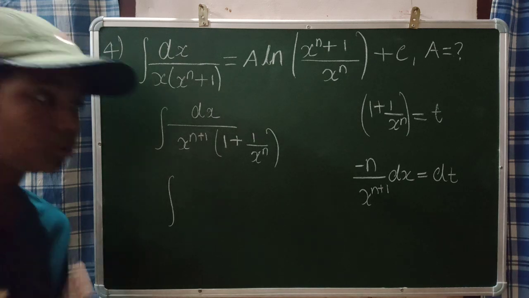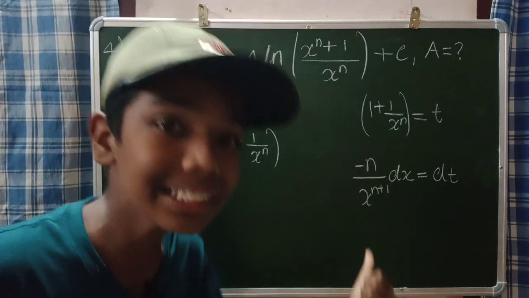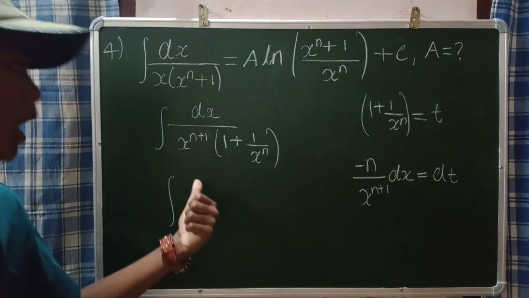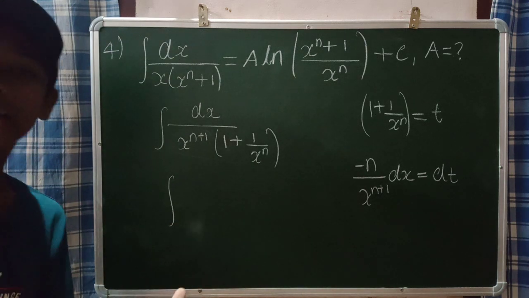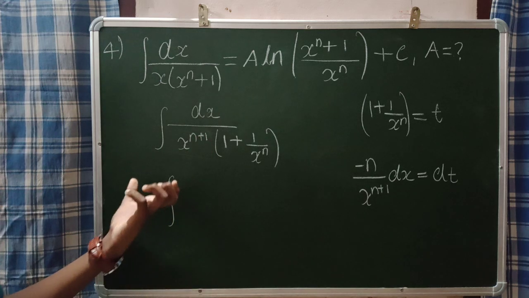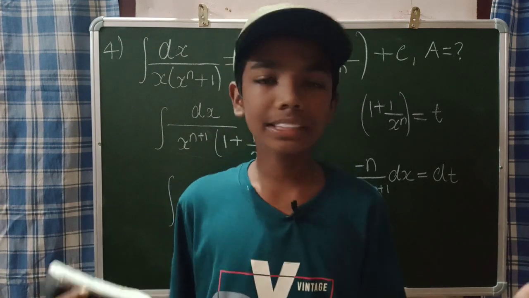Guys, never make that mistake. We know that dt is minus n divided by x^(n+1) into dx. But here I only have dx divided by x^(n+1). Where is minus n? I do not have minus n in the numerator. That means I do not have a right to write it as dt.